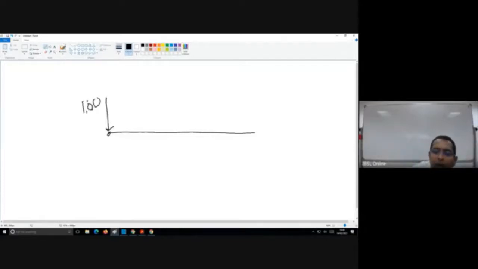After a year, this is year 0, this is year 1, this 100 plus some amount we should receive if both are to be the same, right?